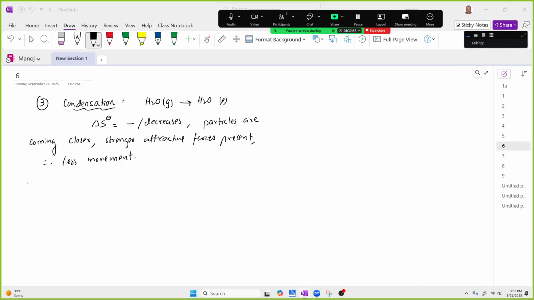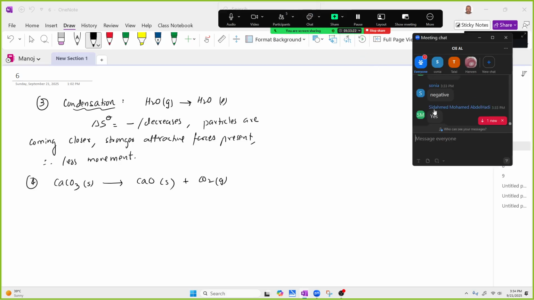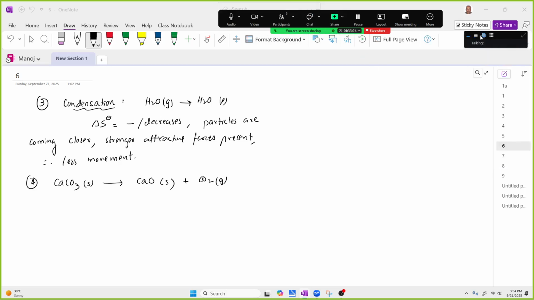Okay. Now, example reaction number 4, this also was one of the recent past papers I saw. Calcium carbonate forms calcium oxide plus CO2 gas. What do you think of this? Is entropy increasing or decreasing at this stage? Very good.